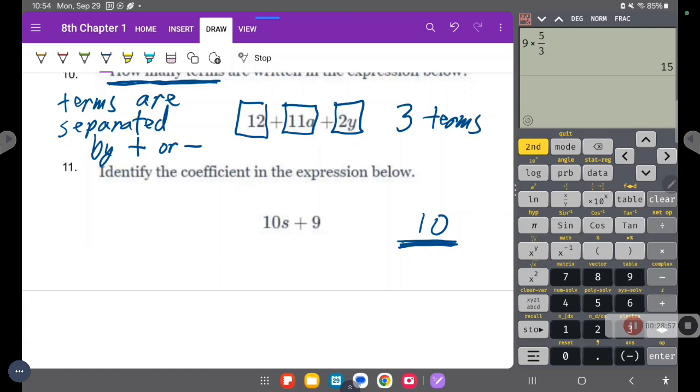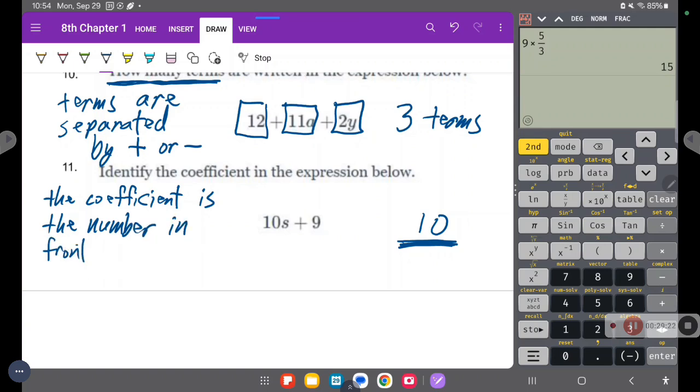So remember, I'm going to write this down. If you always forget, you should write this down. The coefficient is the number in front of the letter, if you will, the variable.